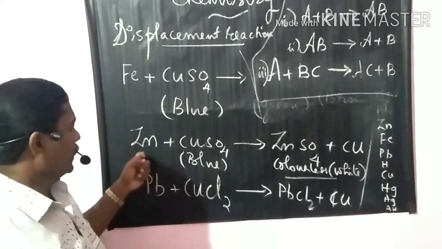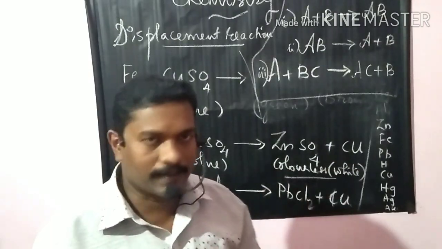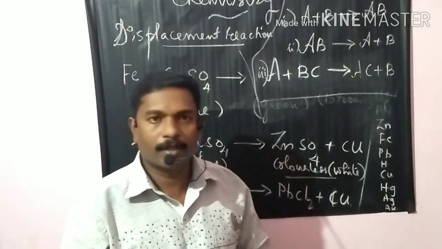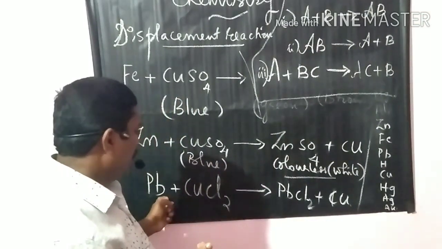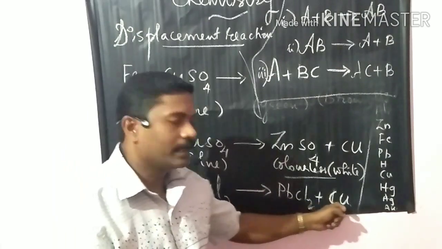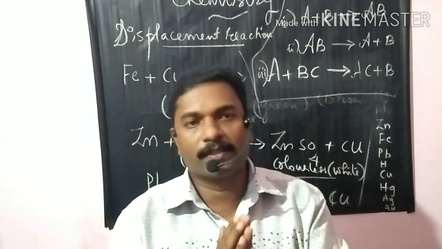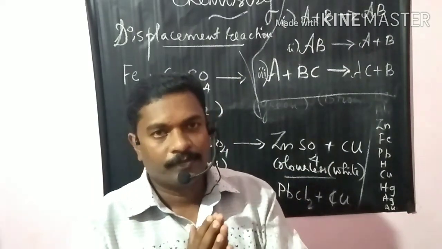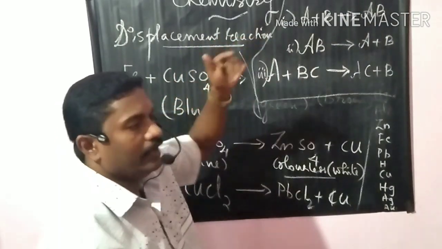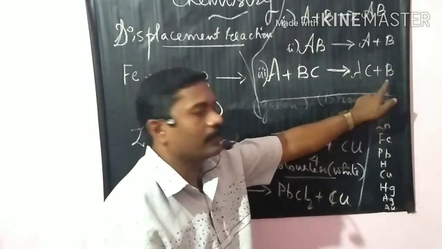Since zinc is more reactive than copper, zinc displaces copper from copper sulfate solution. Okay. Then lead with copper chloride, giving lead chloride and copper. So by these three equations, we have seen that a displacement reaction is of the type A plus BC gives AC plus B.